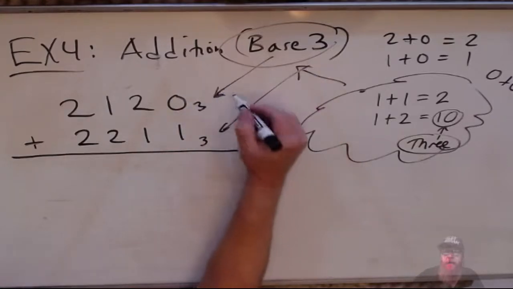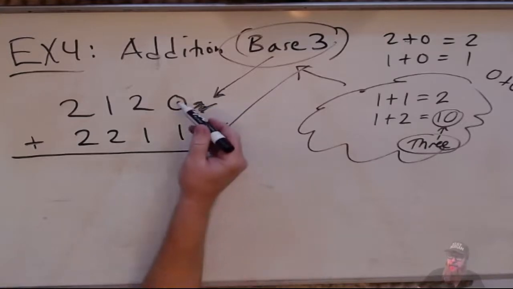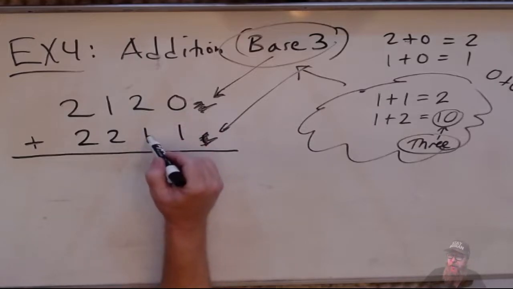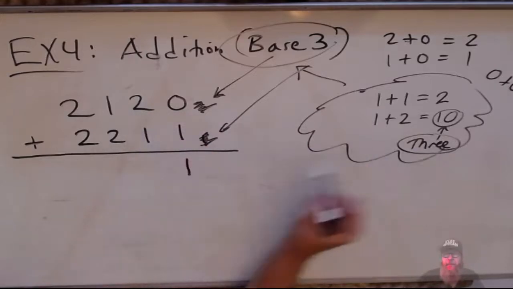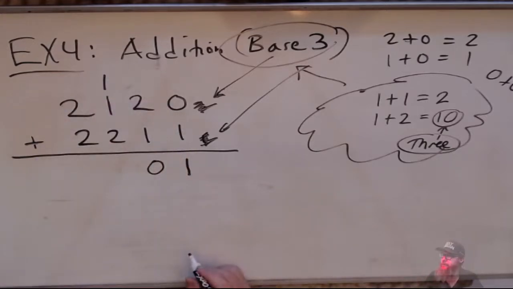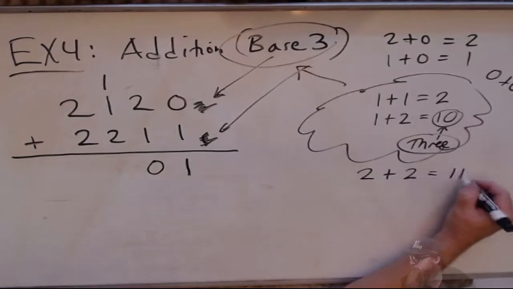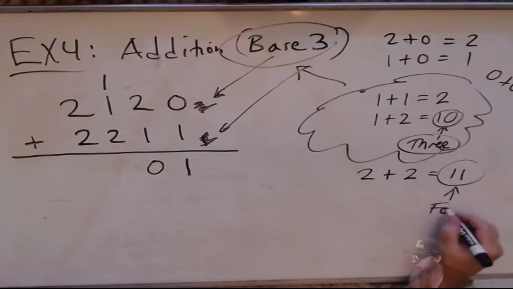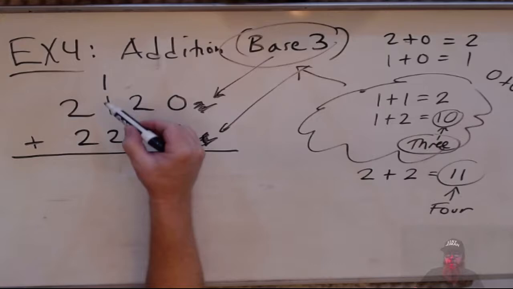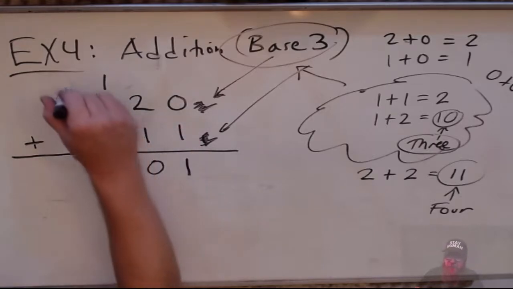Once it's clear what the base is, I actually like to cross off the base because it just gets in the way. 0 plus 1 is 1. 2 plus 1 is 3, but it looks like 10. Also, you might want to know 2 plus 2 is 4, but 4 looks like 11. So I've got 1 plus 1 is 2, plus 2 is 4, but 4 looks like 11.